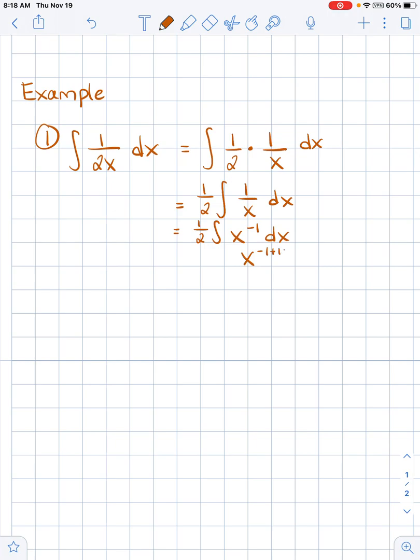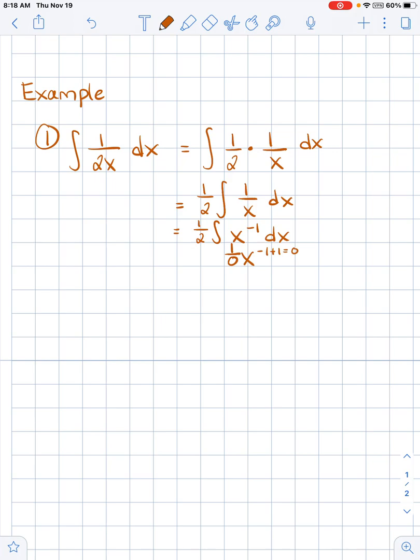So now that exponent is 0. And then we would take the coefficient of x and divide it by that exponent. Divide by 0. But dividing by 0 makes this entire thing undefined.